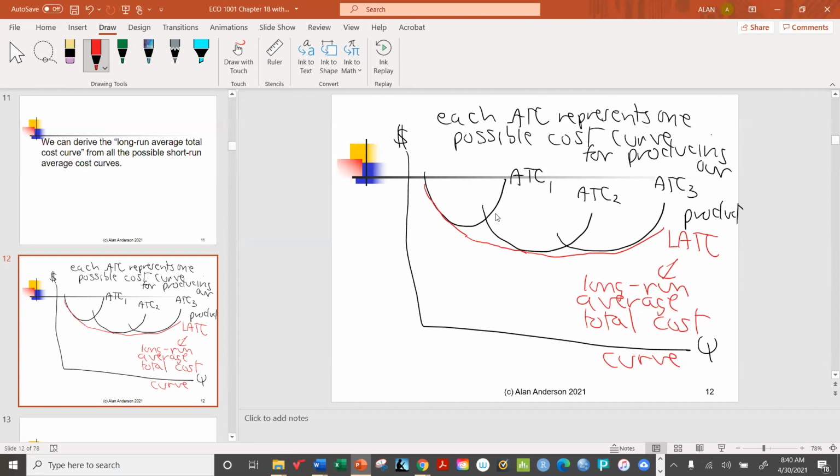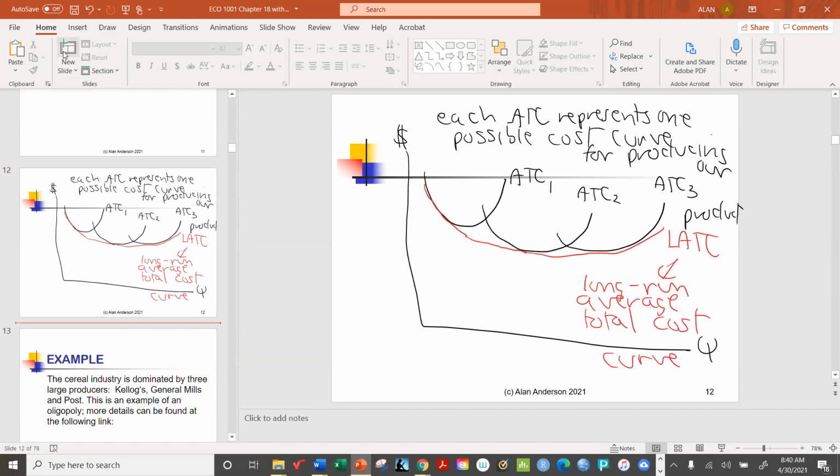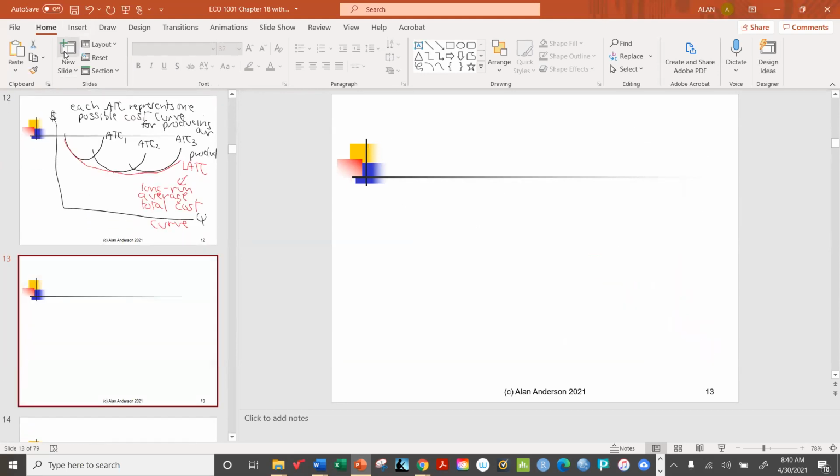Now, imagine the scenario though. If you notice here, they all have that traditional upward shape, and so does the long run average total cost curve. This is a fairly standard outcome, but imagine an industry like steelmaking, where getting big means that all of those fixed costs that you're paying are being spread out over a larger and larger set of outputs.